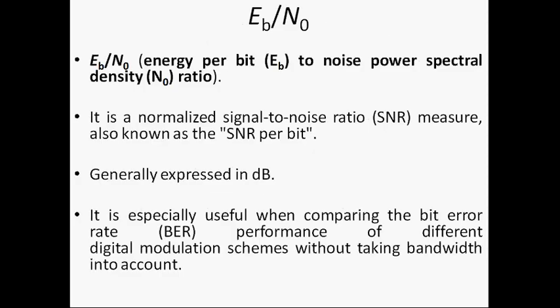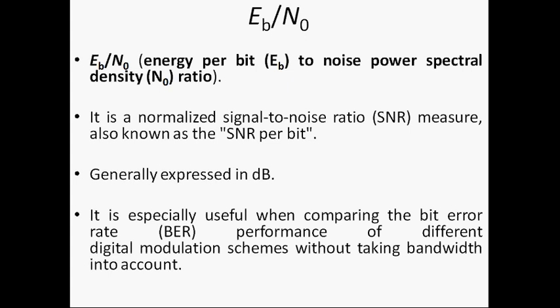And one more parameter helps us to characterize the wireless communication system, that is signal to noise ratio per bit. Generally it is named as Eb/N0. Eb stands for energy per bit, N0 is noise power spectral density. Generally it is expressed in dB.